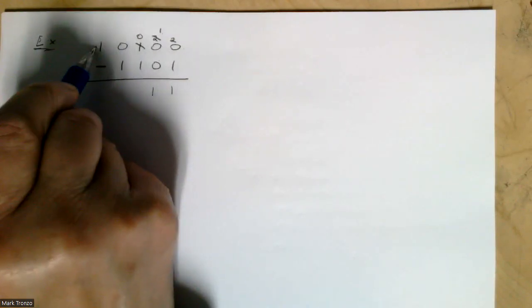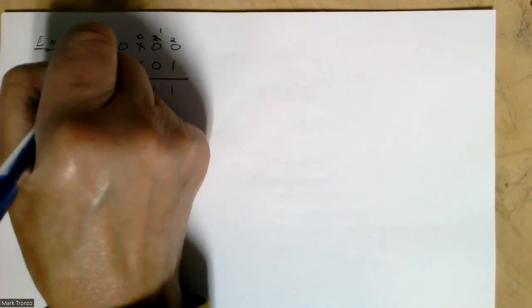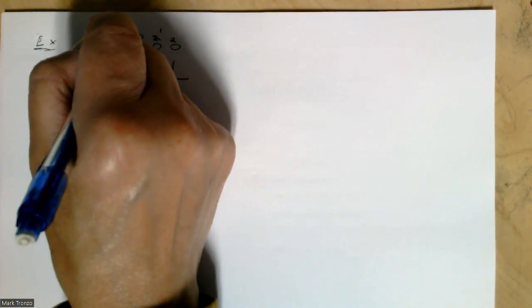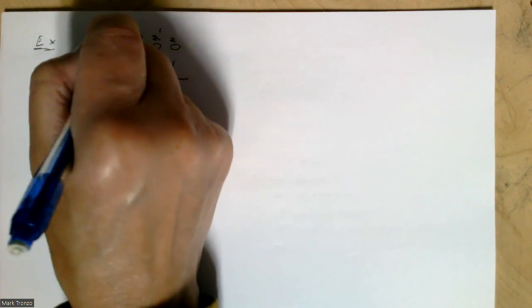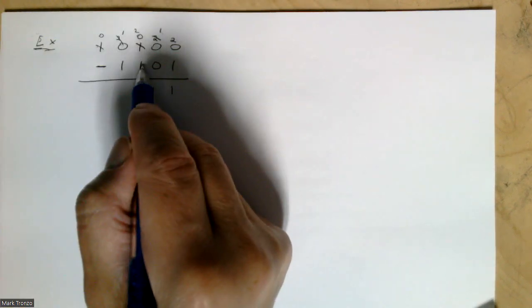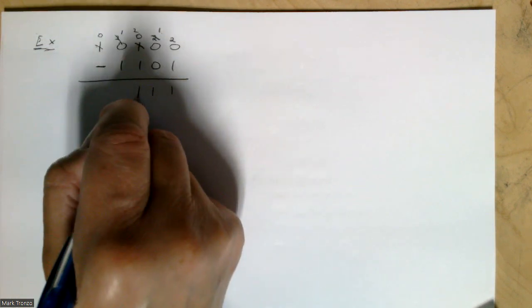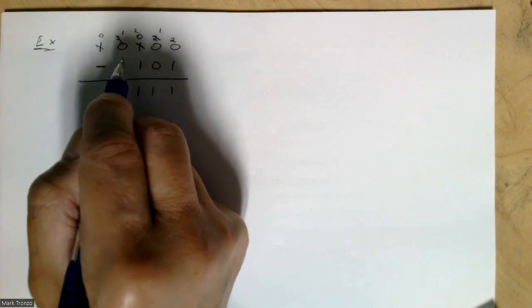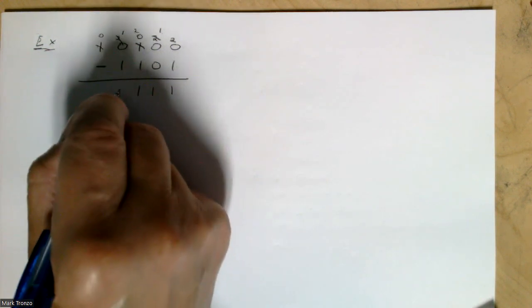Can't borrow from this guy. Go over to here. This is going to be a 0. This is going to be a 2. Borrow 1 from this. Gives you a 1. And then we'll bring a 2 over here. And so 2 minus 1 is 1. And over here, 1 minus 1 is 0.